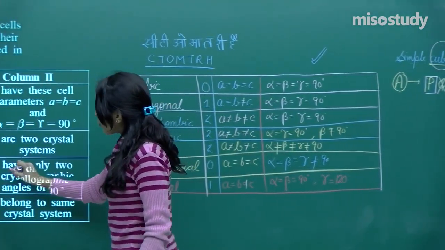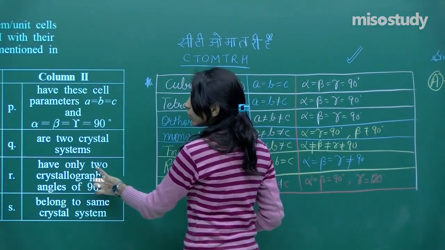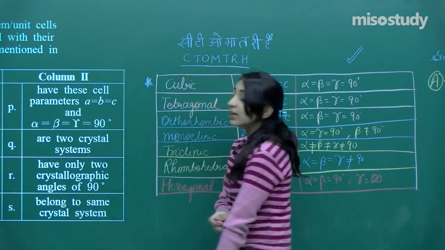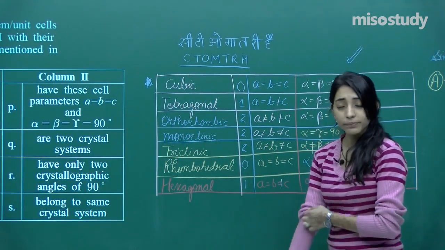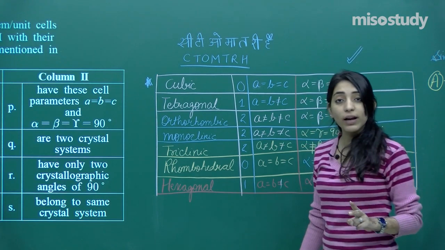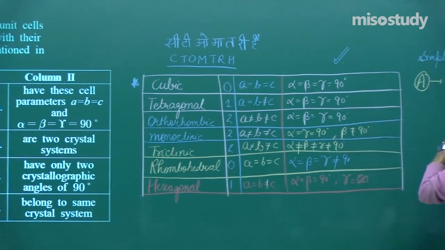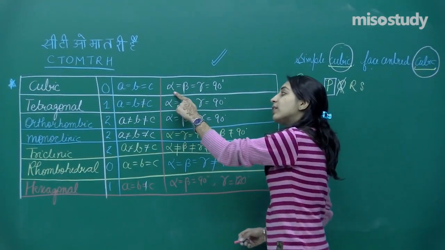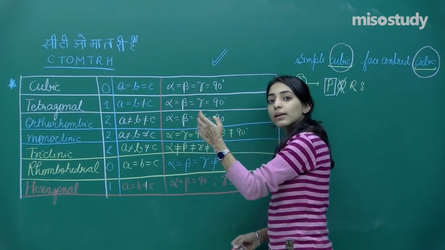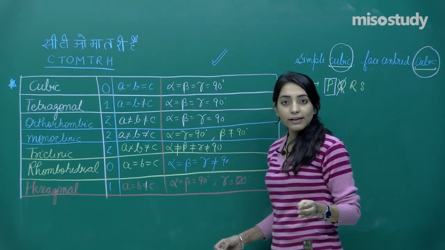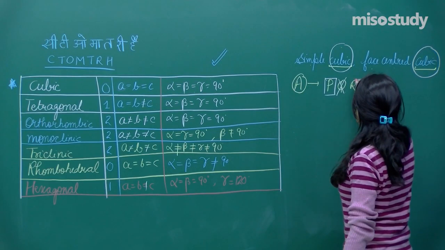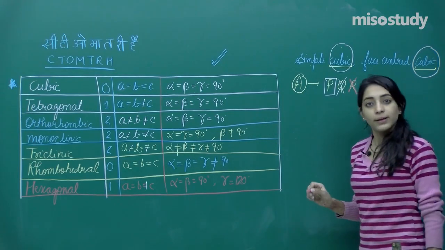Moving further, they have only two crystallographic angles of 90 degree. Are they having two crystallographic angles of 90 degree? Let's see. Alpha is 90, beta is 90, gamma is 90. Three crystallographic angles are 90 degree, right? Not two. So even R is not the correct option. Okay.